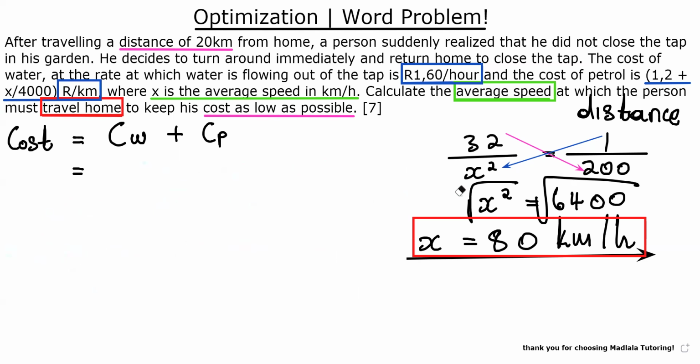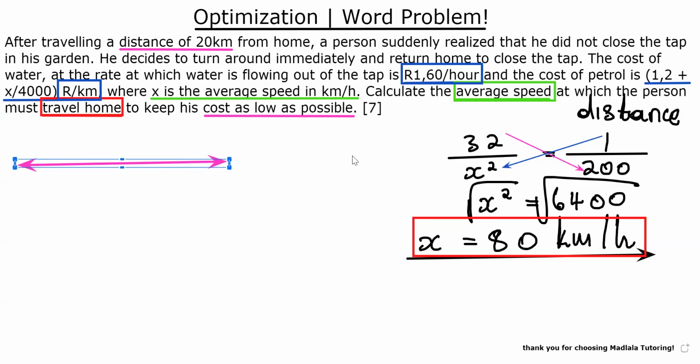So we are going to go to our number line. In fact, our sign line. Yeah, it's the sign line. So this is how the sign line is going to look like. And this is what we say. We say, well, we have our x, which is 80 there.